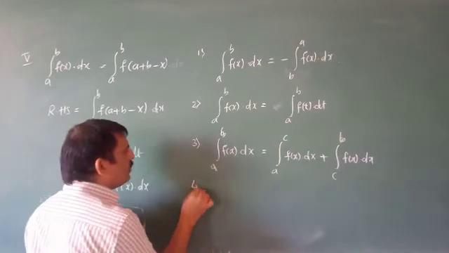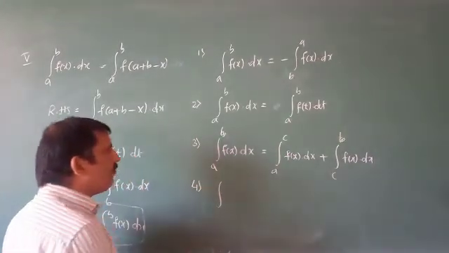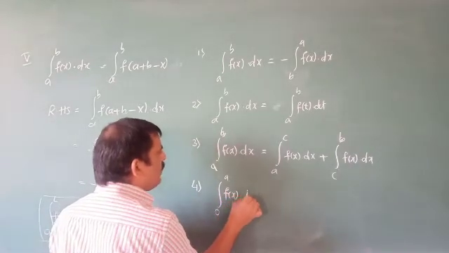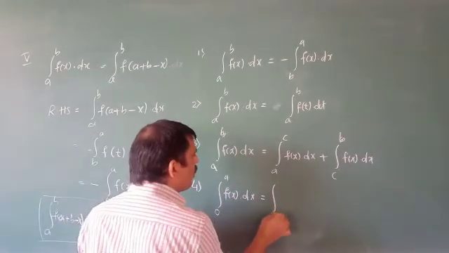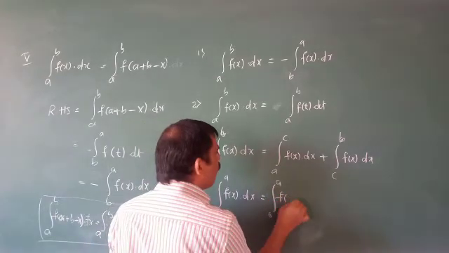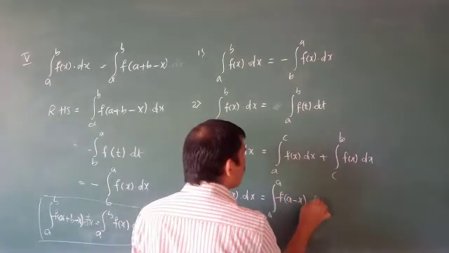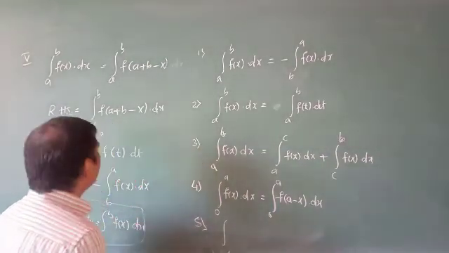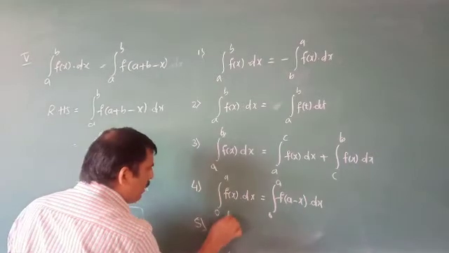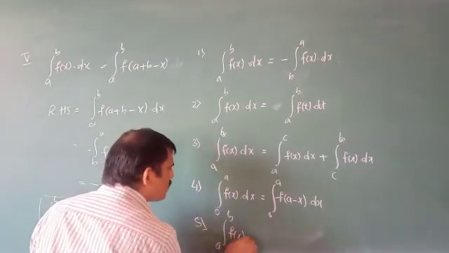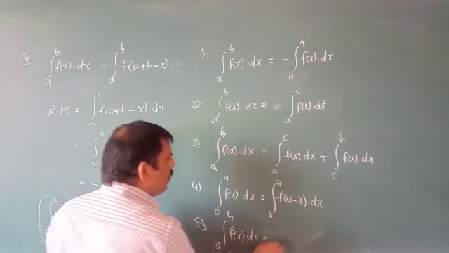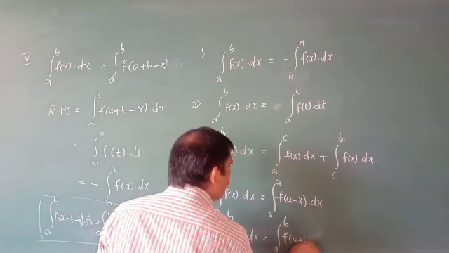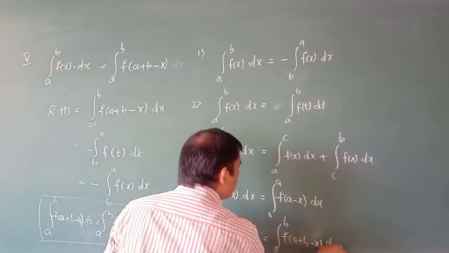The fourth one says that the integral of 0 to a of f of x with respect to x is equal to the integral of 0 to a of f of a minus x with respect to x. The fifth one says that the integral of a to b of f of x with respect to x is equal to the integral of a to b of f of a plus b minus x with respect to x.